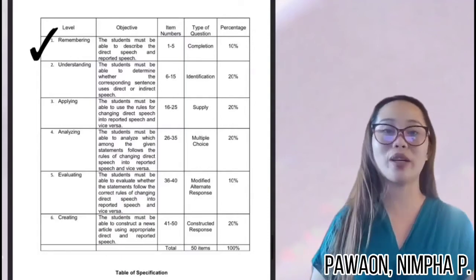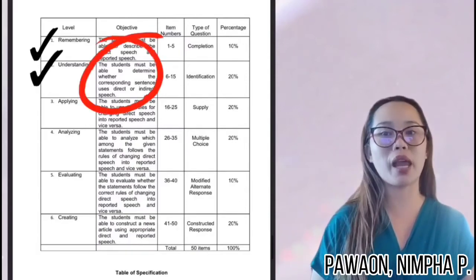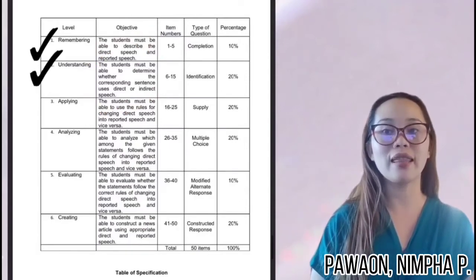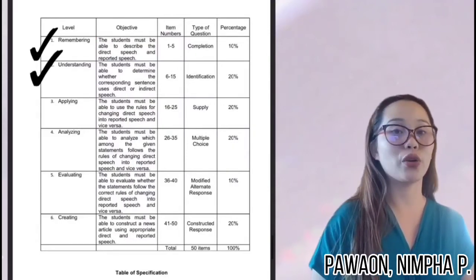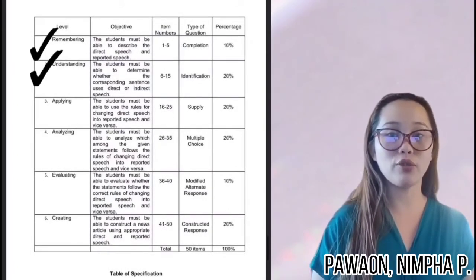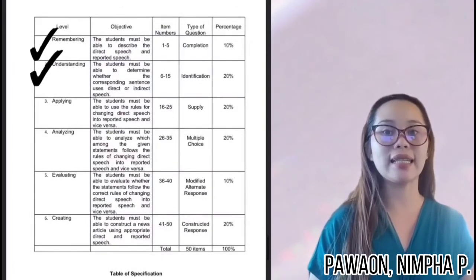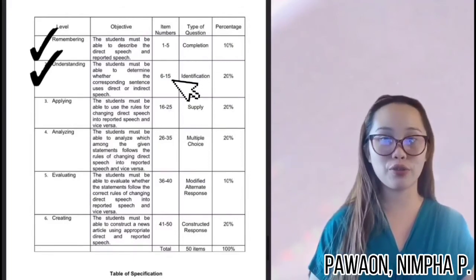The second one is understanding, in which our objective is that the students must be able to determine whether the corresponding sentence uses direct or indirect speech. Our type of question here is identification, and it is items 6 to 15.